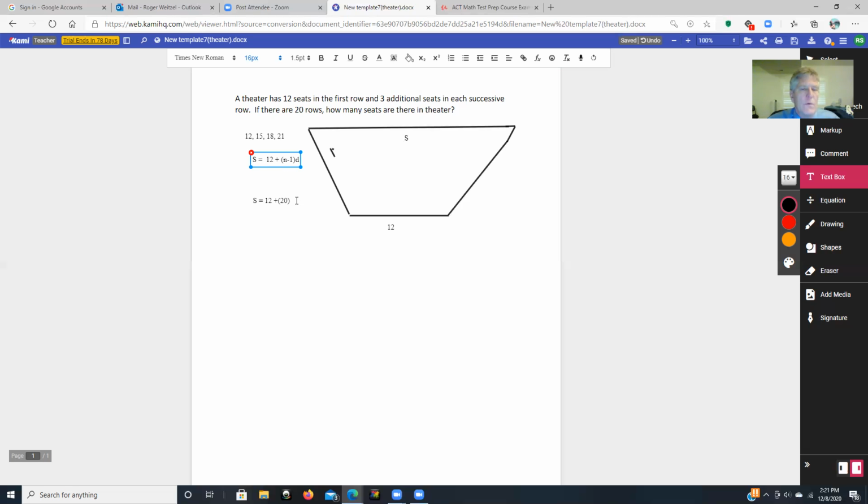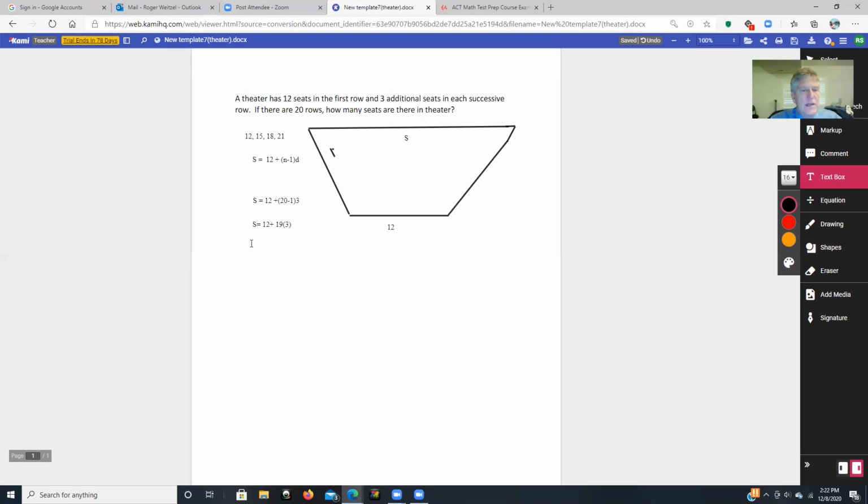So the number of rows is 20 minus 1, and we're multiplying that by the difference between each row, which is 3. So the number of seats in the last row is going to be 12 plus 20 minus 1, which is 19, and we're going to multiply that by the difference in each row.